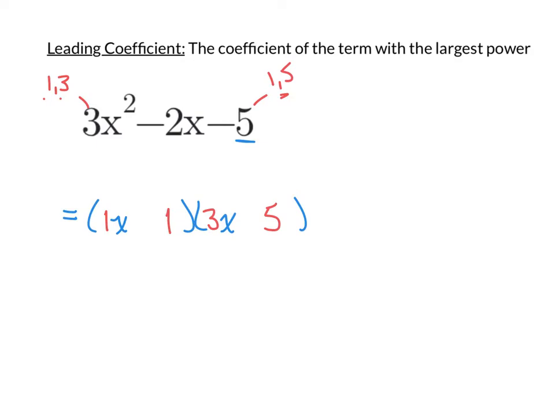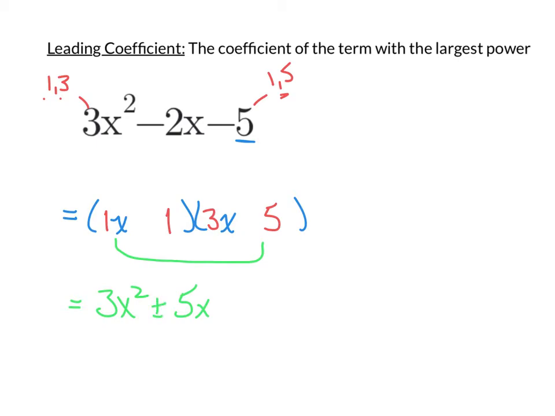To do that, all we have to do is FOIL it out. When we do firsts, 1x times 3x, that's going to be the 3x squared. When we do outsides, 1x times 5, that's going to give us 5x. Now, we don't know if that's a plus or a minus yet.